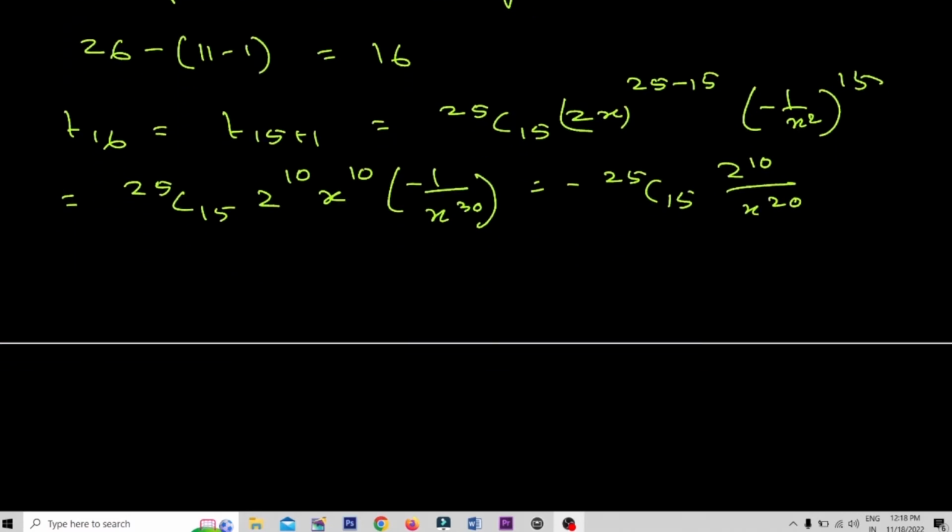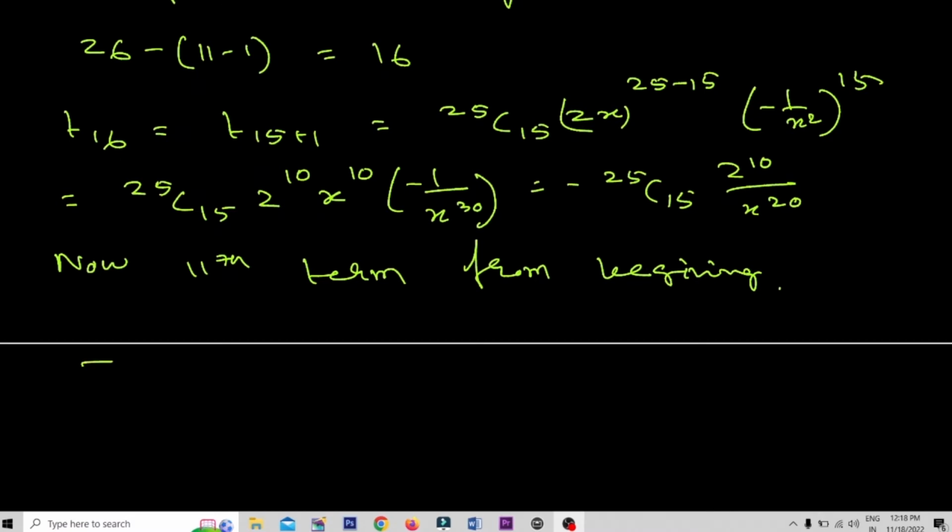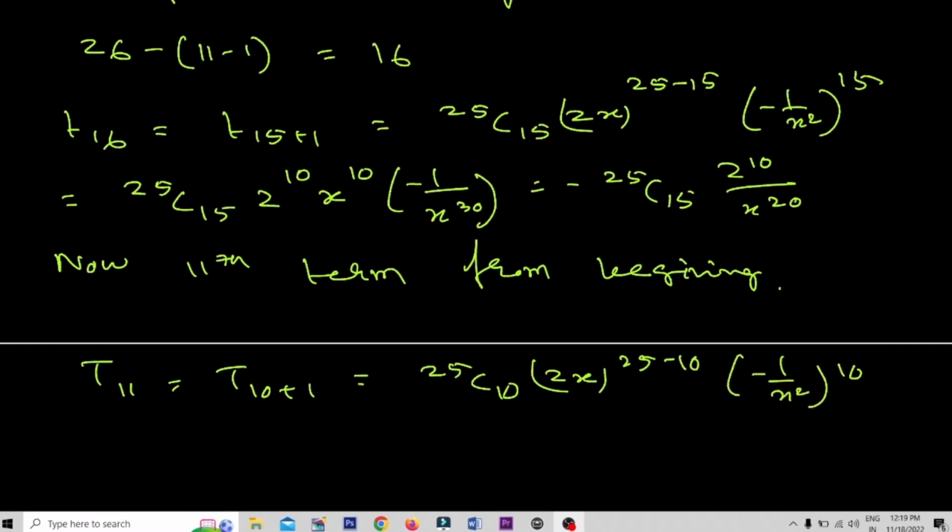Now 11th term from beginning is T11, means T10 plus 1. So we can write this as 25C10 (first term) whole to the power 25 minus 10 and (second term, minus 1 by x square) whole to the power 10.